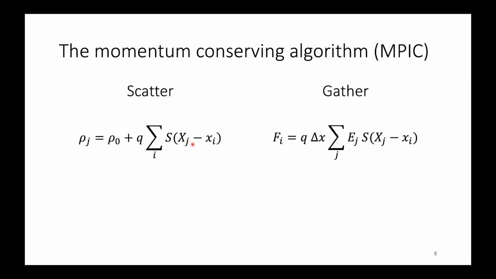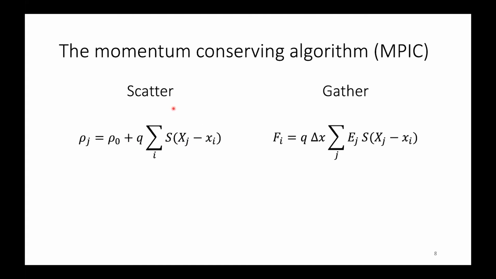So for each particle, we compute the amount of charge that should go on each cell using this interpolation function S. And I've used S here to kind of indicate that we can think about these interpolations as a shape that the particle actually has in physical space. And then the amount of charge we choose to put on each node is just the amount of the shape of this particle that is sitting at that location.